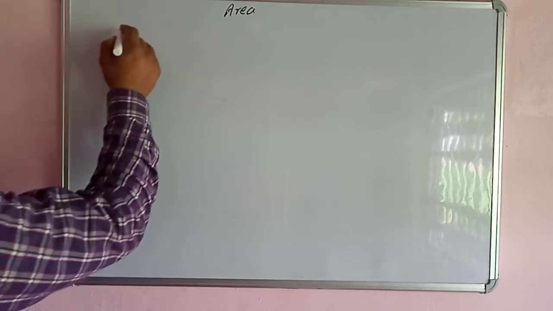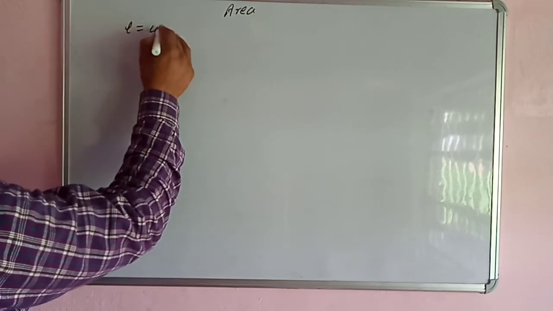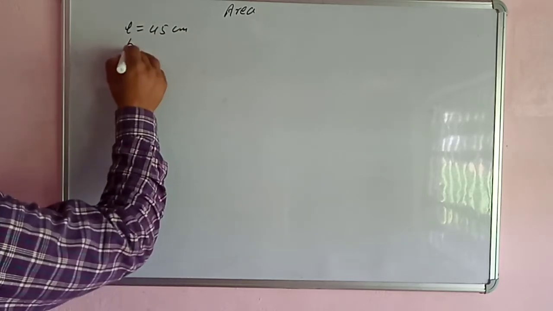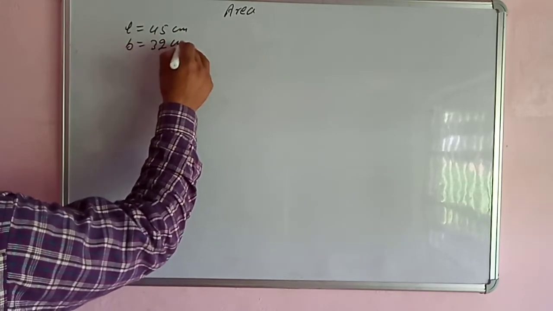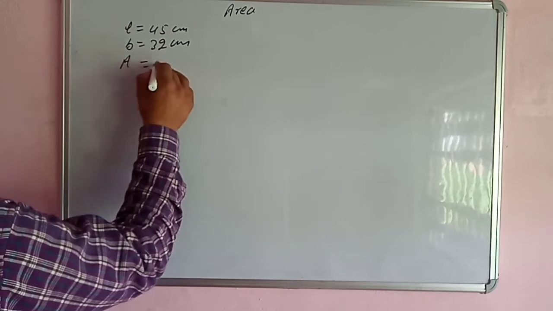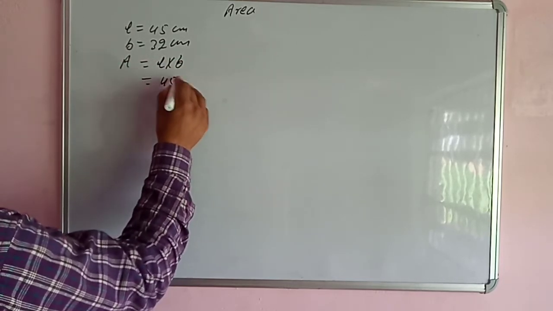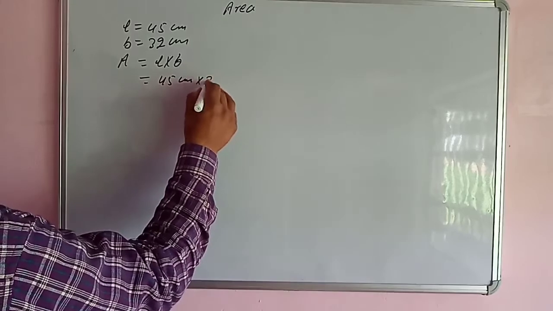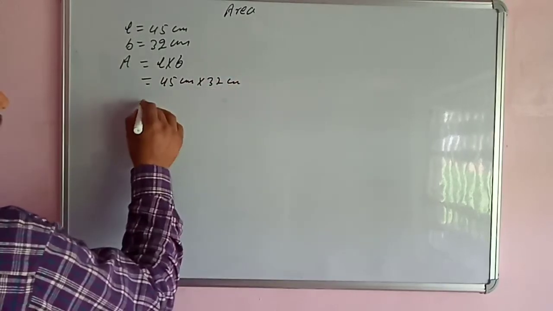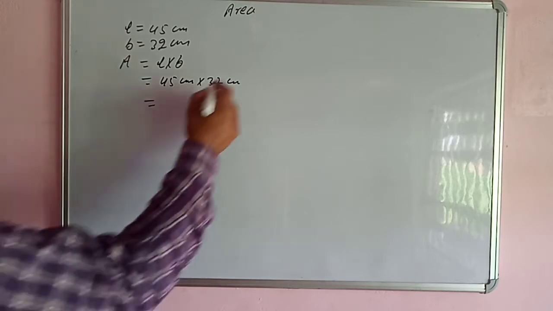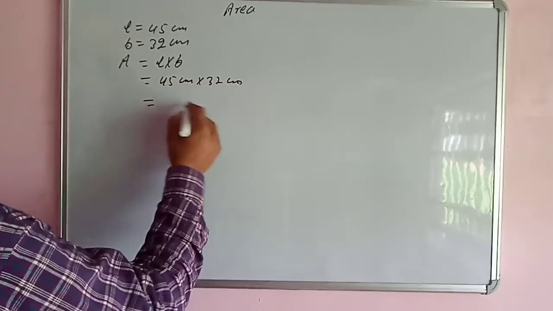Find the area of a rectangle whose dimensions are: length 45 centimeter and breadth 32 centimeter. The area of this figure is length multiply breadth, so it is 45 centimeter multiply 32 centimeter. By multiplying 45 and 32 we get the area.